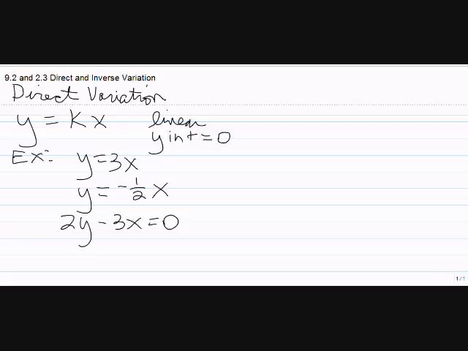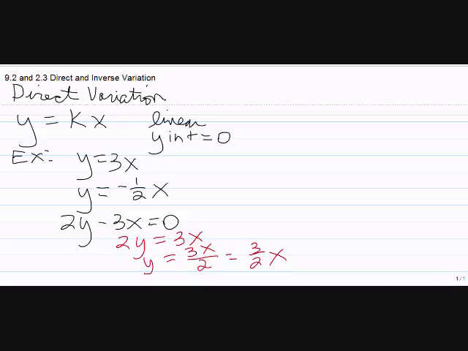Oh, well, why is this one direct variation? Oh, if I add 3x to both sides, I get 2y equals 3x. Divide both sides by 2, I get y equals 3x divided by 2, which is 3/2 x. So yes, that's direct variation.